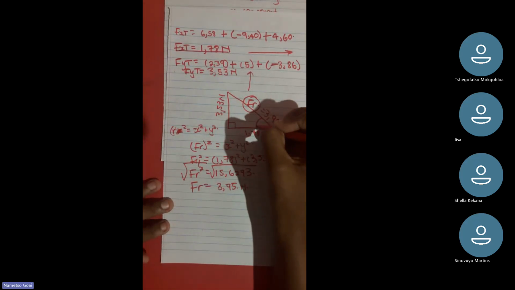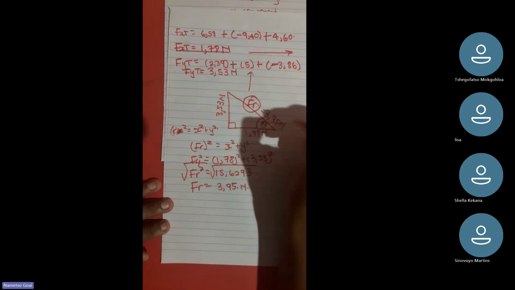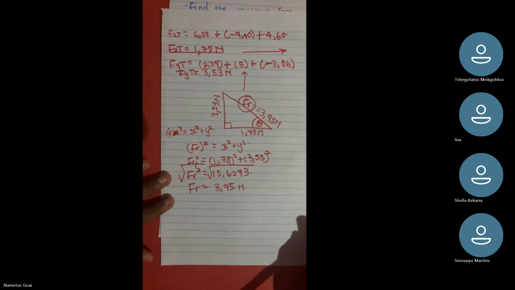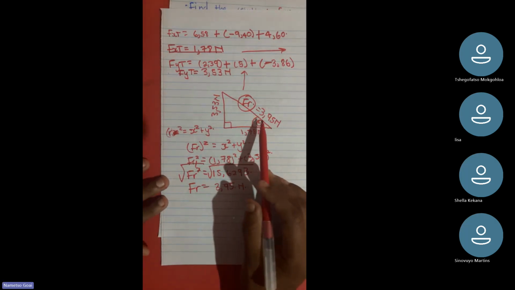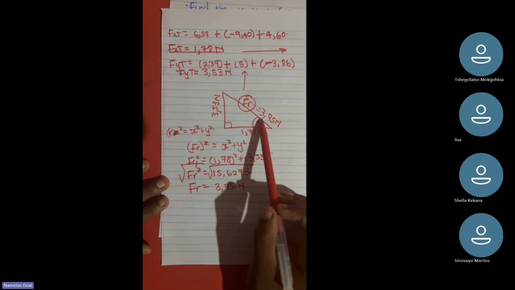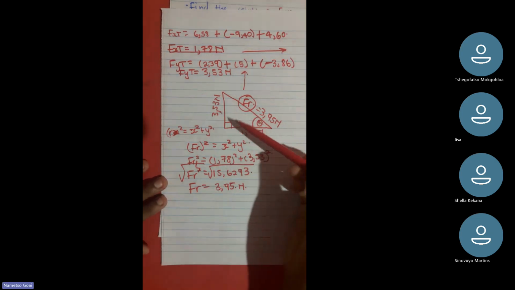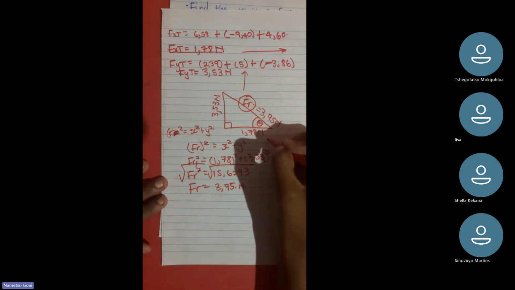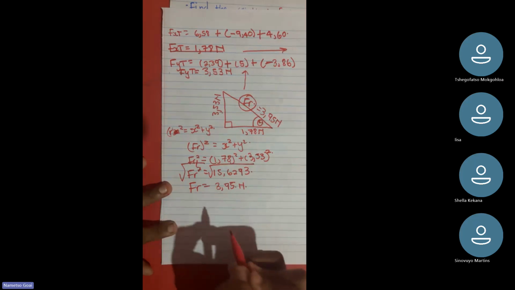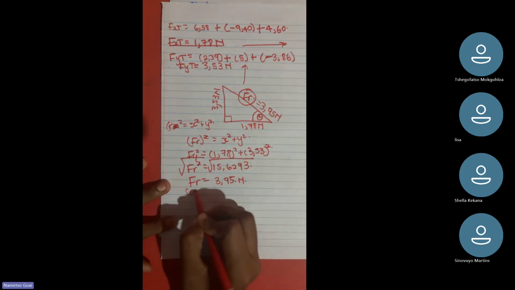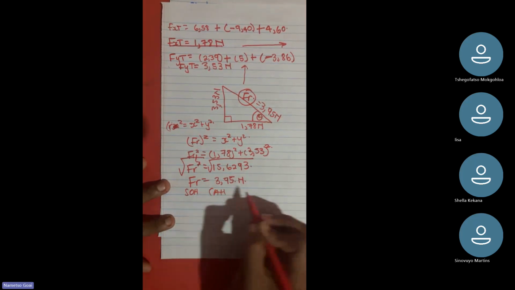The direction you can just find by using theta. Because remember you have an angle over here. If you're trying to find what this angle is, you have the opposite, you have the adjacent. Which one are you going to use? Remember our SOHCAHTOA, right?